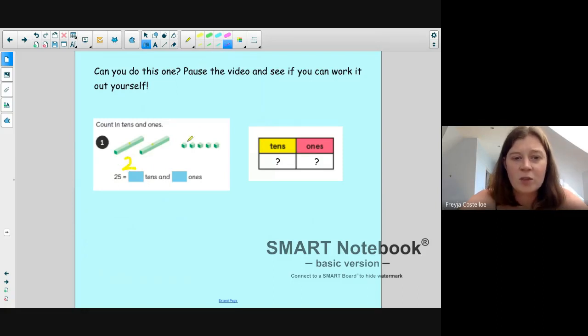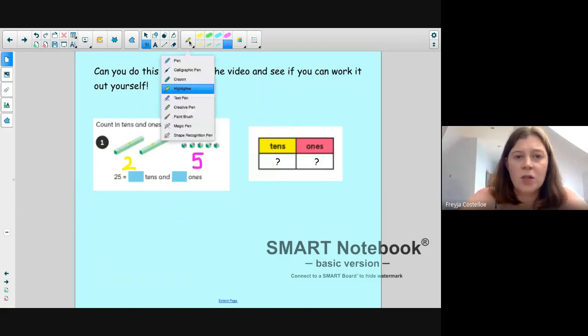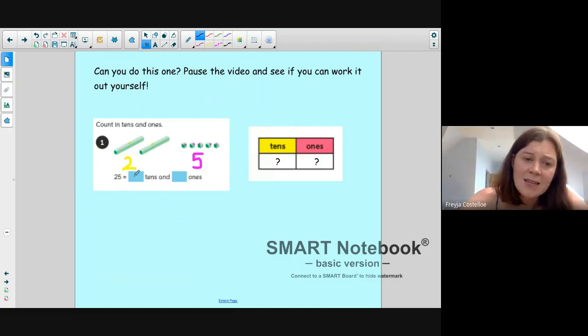And how many ones do I have? I've got 1, 2, 3, 4, 5. 5 ones. So I've got 2 tens and 5 ones.